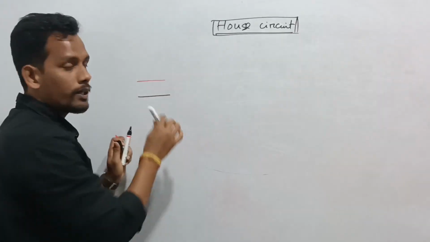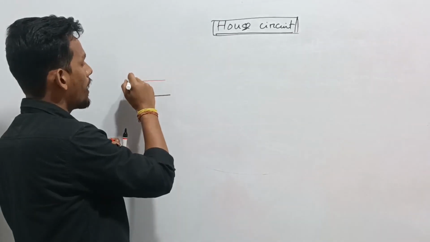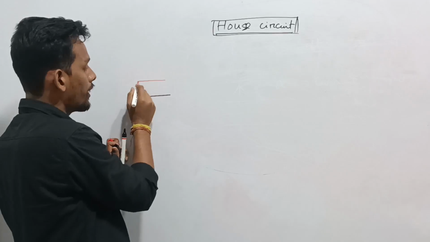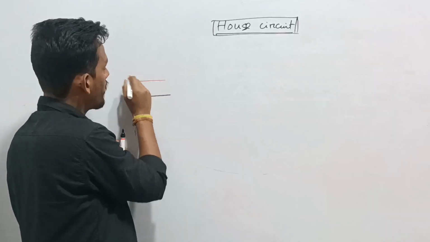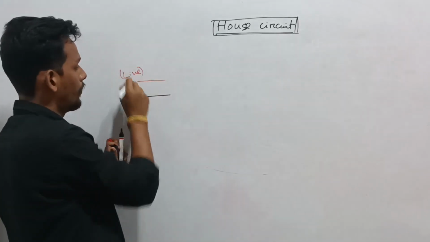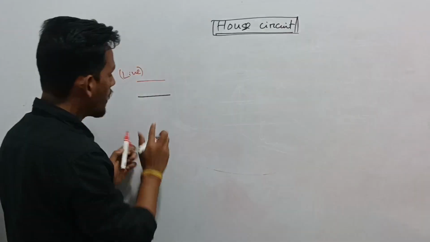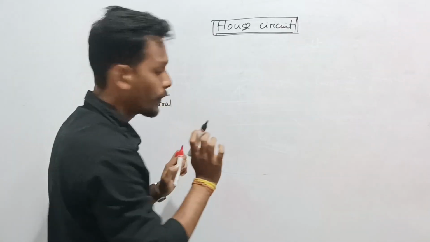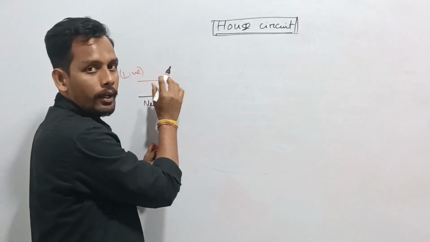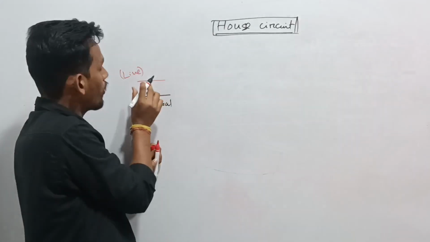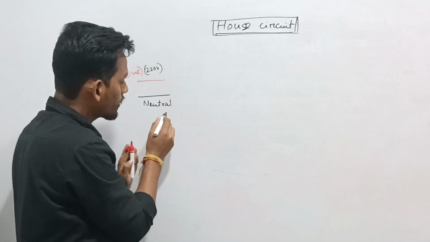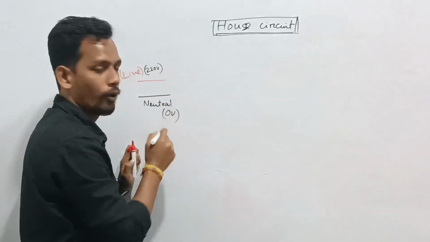The red insulated wire you can name as live wire, and the black insulated wire you can name as neutral. Clear? In India, the standard potential of the live wire is 220 volt, and the potential of the neutral wire is 0 volt.